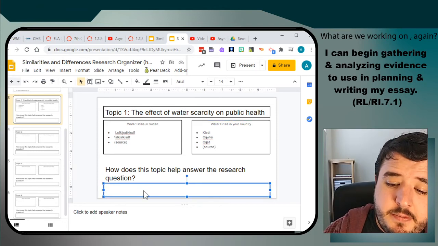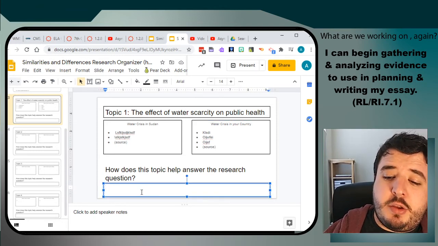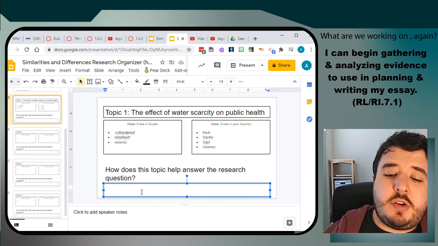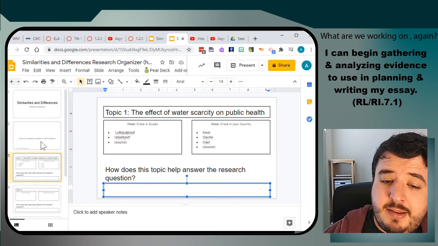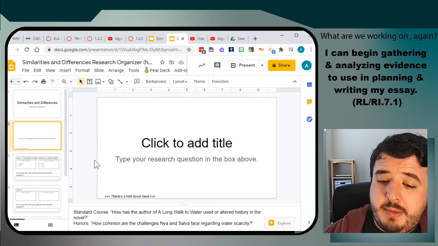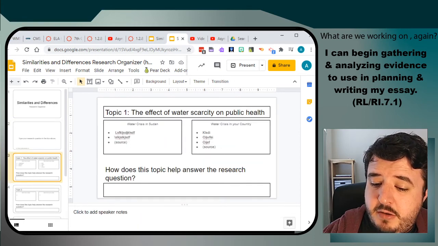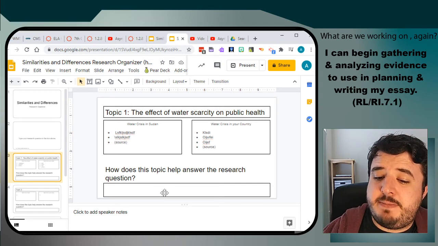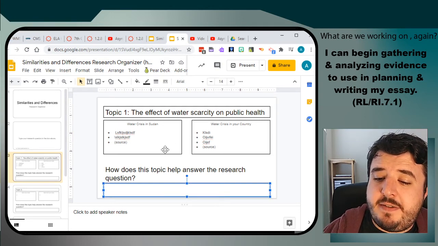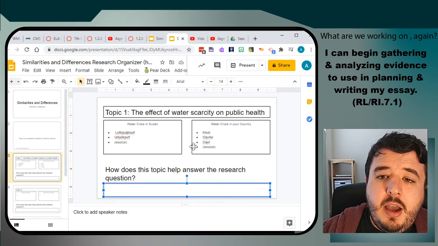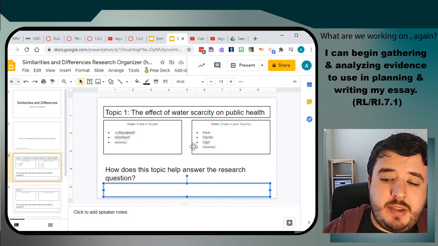At the bottom here, you're going to tell me how the research you've done helps answer the question, right? And I mean this question up here, the one you're going to type in the box. How common are the challenges that Nya and Salva are facing regarding water scarcity, right? The thing I want you to describe in this box is when you look at this information that you gathered, what does that tell you about the answer, right?